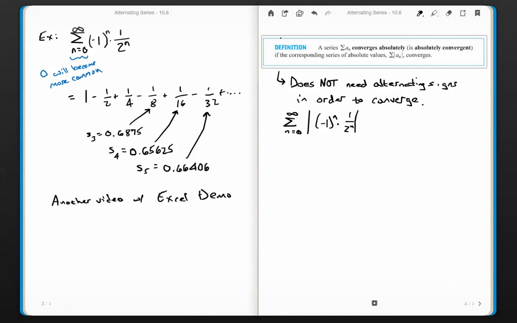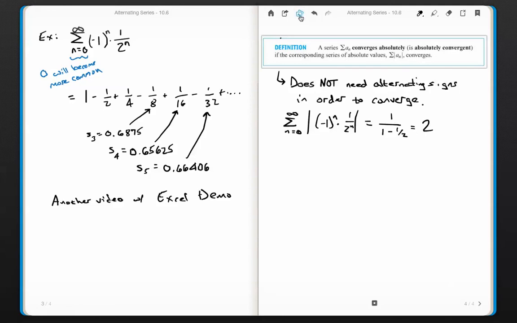So even if I ditch the negative signs, this still converges on 1 over 1 minus 1/2 equals 2. So that still converges even without the negative signs.